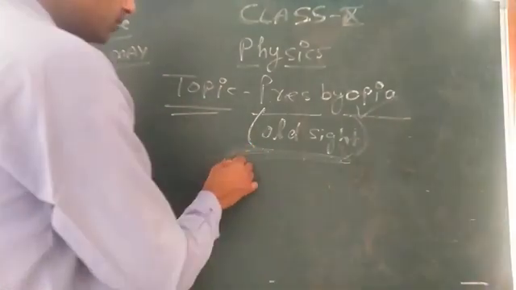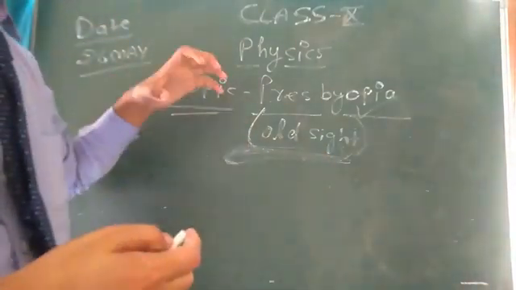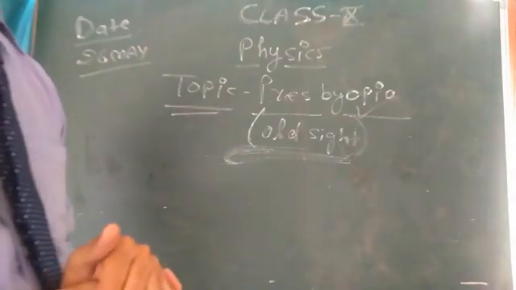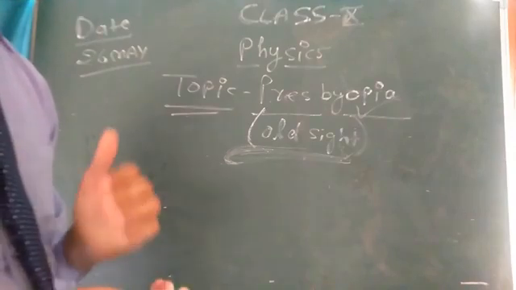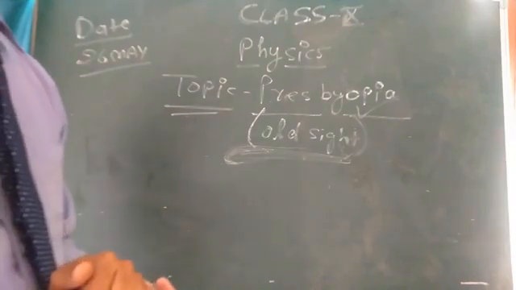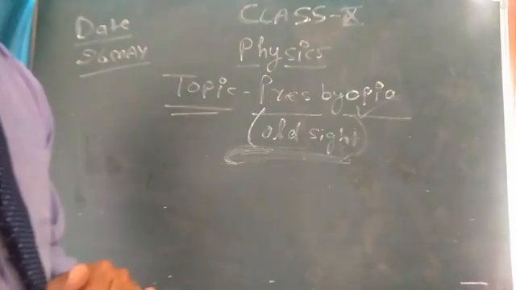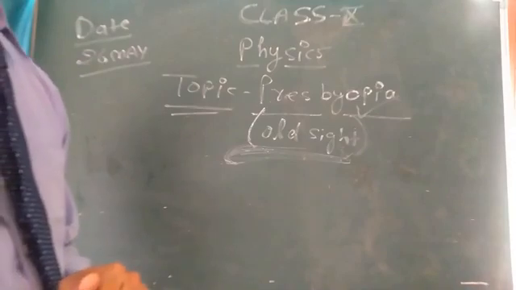With advancing age, there is a gradual weakness of ciliary muscles and diminishing flexibility of the eye lens, so that the power of accommodation of the eye decreases.